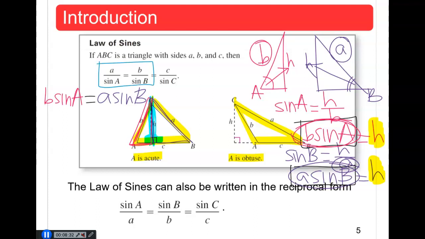So I will leave my A where it is and the B.